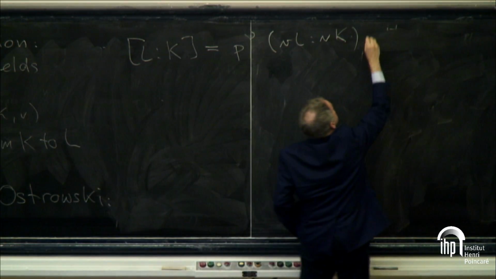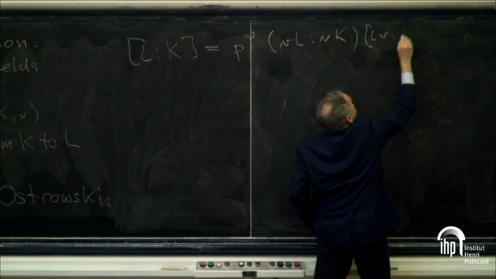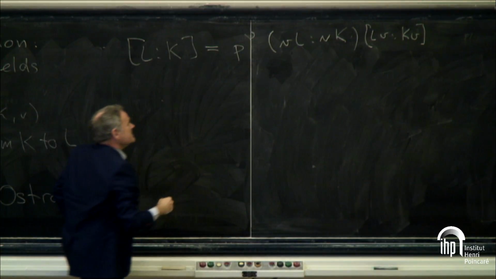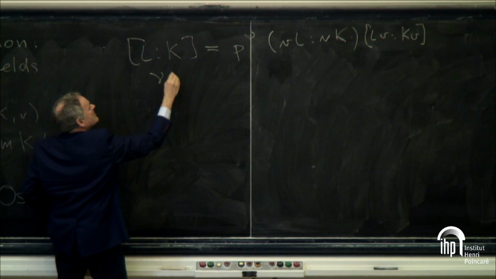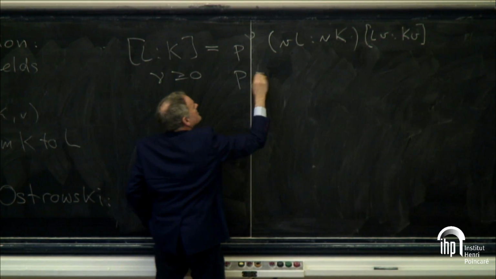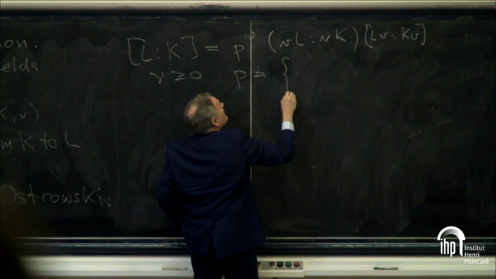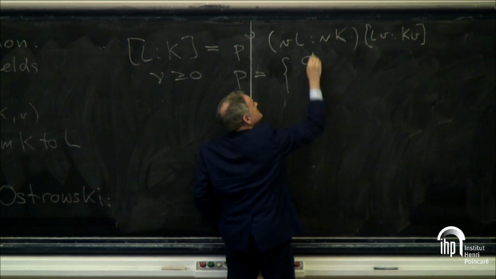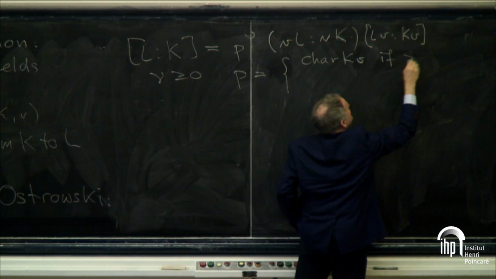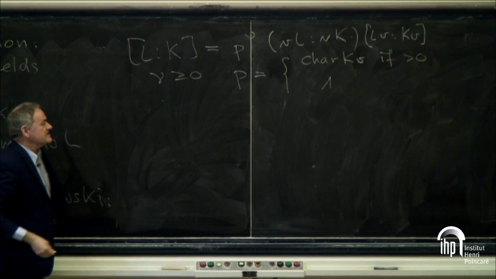These are the value groups, residue fields, LV over KV, where nu is bigger or equal to 0, and p is what we call the characteristic exponent of the residue field, which is just the characteristic if it's bigger than 0, and otherwise we put it to be 1. So 0 wouldn't make sense here.